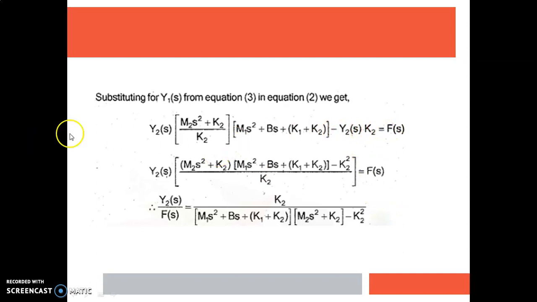So here now all the terms are in terms of y2 of s.